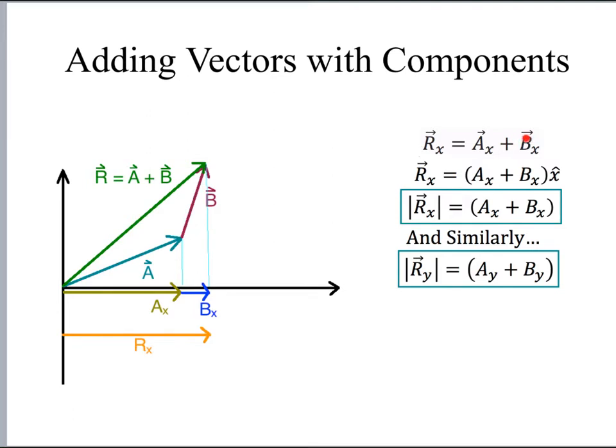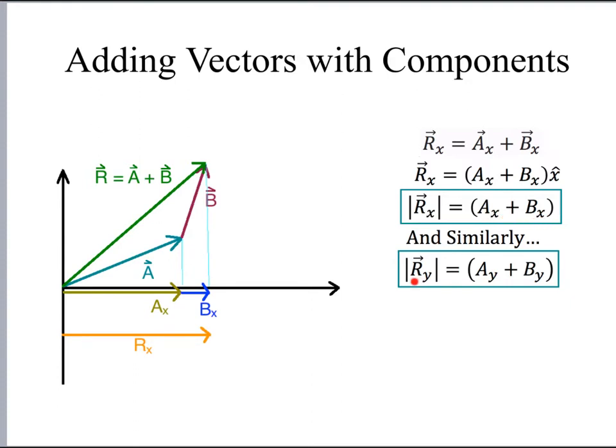Notice I've got little vector symbols up here, but both of these vectors point along the x-axis, so I can write them in terms of the unit vector x hat. My Rx vector would be the AX magnitude plus the BX magnitude in the x hat direction. If I want just the magnitude, that would be the part in the parentheses, so the magnitude of Rx is equal to AX plus BX.